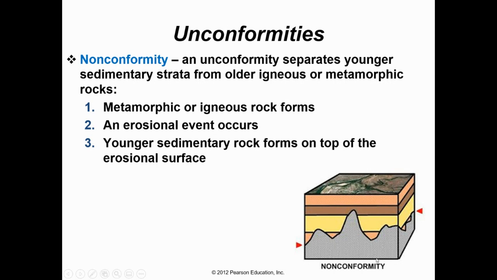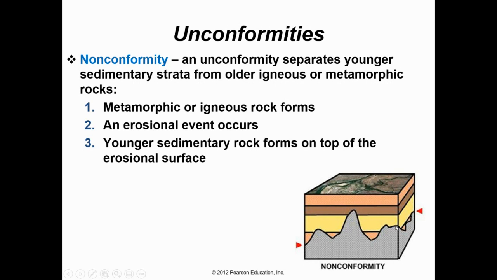First is a nonconformity. That's where you have the existing rock at the bottom is either igneous or metamorphic. Then you get an erosional event. Then after the erosional event, for whatever reason, and there's always a different reason for every place you look at, but climate usually plays an important role, deposition of sedimentary rocks begins on top of that erosional surface.